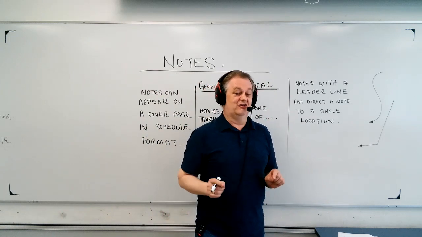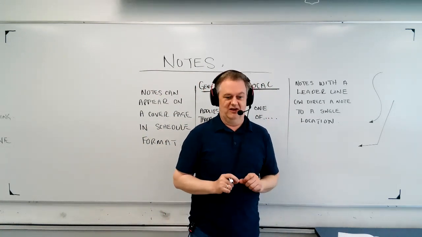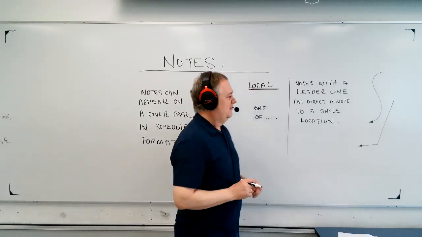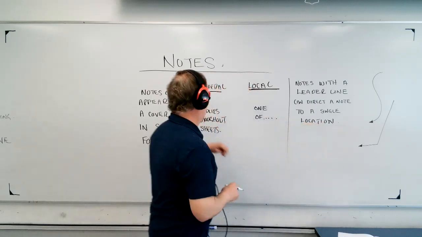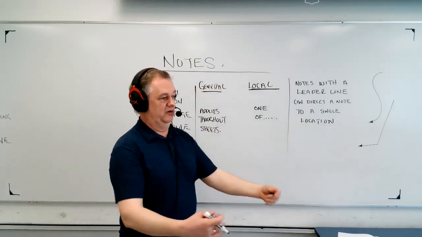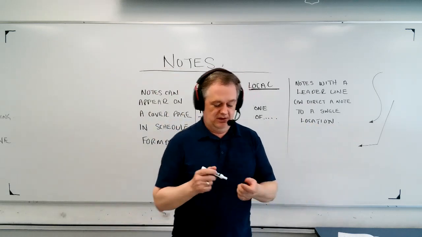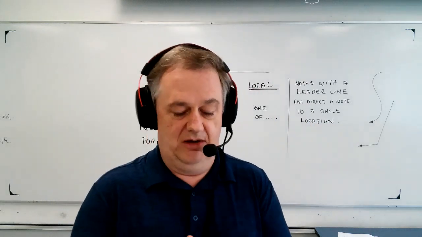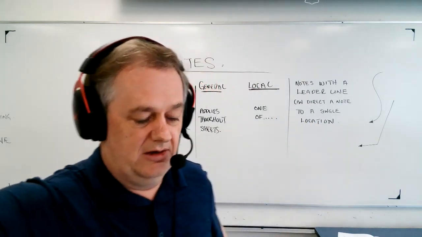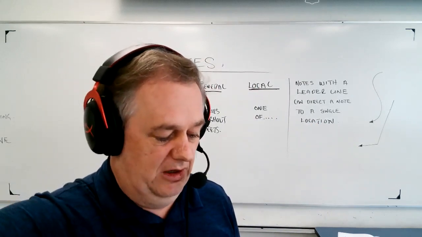No, not unless there's another local note there that says the door is 42 inches wide. So local notes only apply one time wherever they are, whereas general notes apply throughout. It's pretty good to understand that, and then as you go through, you can apply the right information using the notes. All right, that's pretty good for notes.